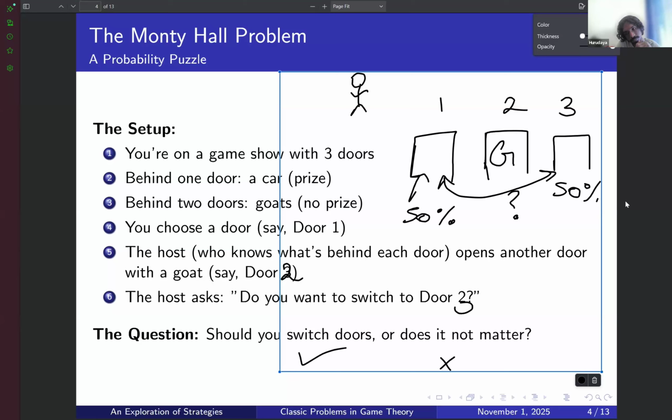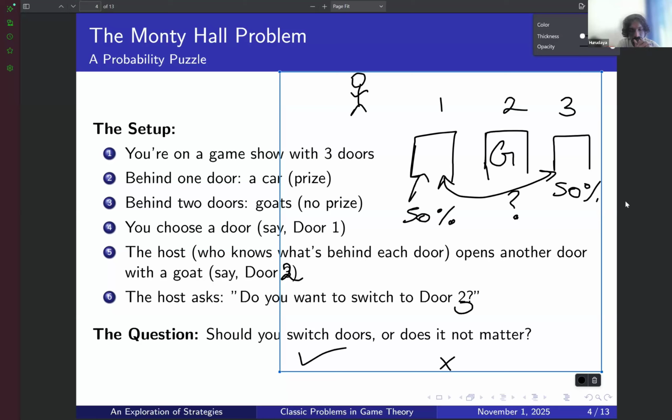It still stays as a 33% chance, but the other door becomes a 66% chance that it contains a car. Why is that? It's because this probability adds up to the door which you didn't pick. Am I correct, sir? Yeah, that's the right idea.